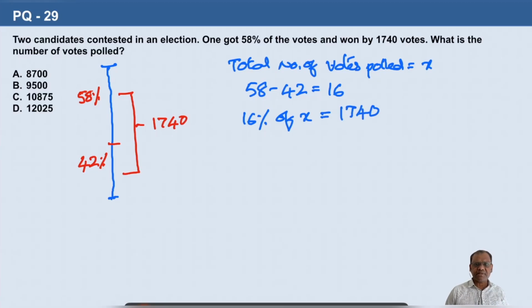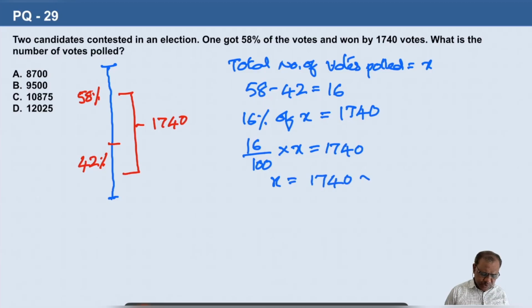So we simplify and find the value of X. 16 by 100 into X is equal to 1740. So X is equal to 1740 into 100 by 16.